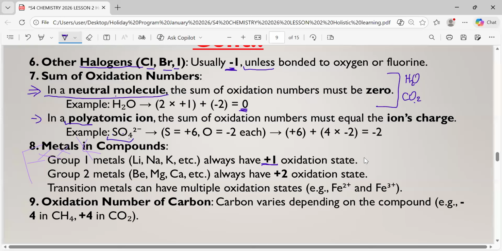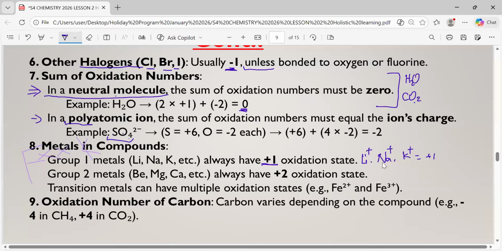If it is lithium, its charge becomes Li+. If it is sodium, it is Na+, meaning it has lost 1 electron, because in group 1 they have 1 electron in their outermost energy level. Then potassium also has +1. For these simple ions, their charge is equal to their oxidation state. I believe you know where it is coming from.